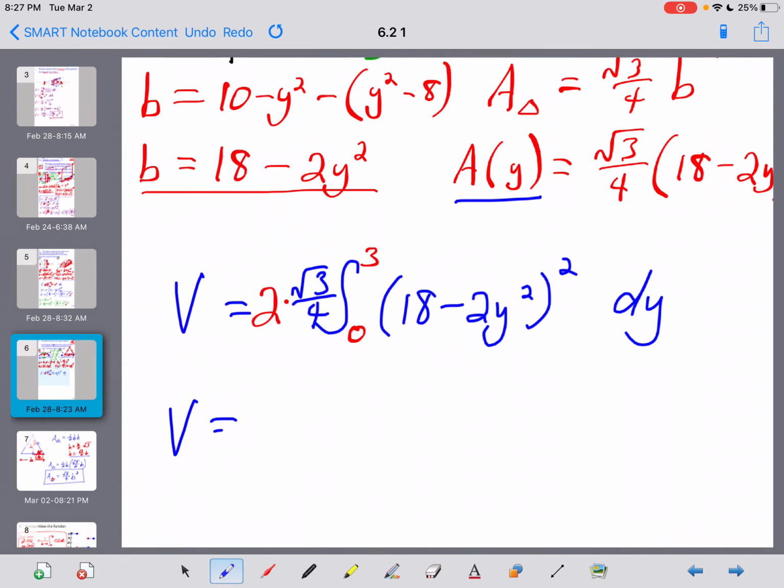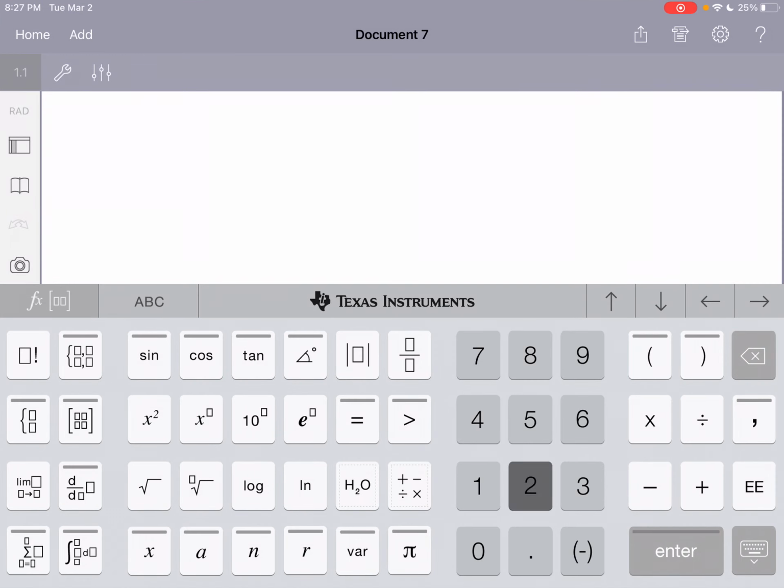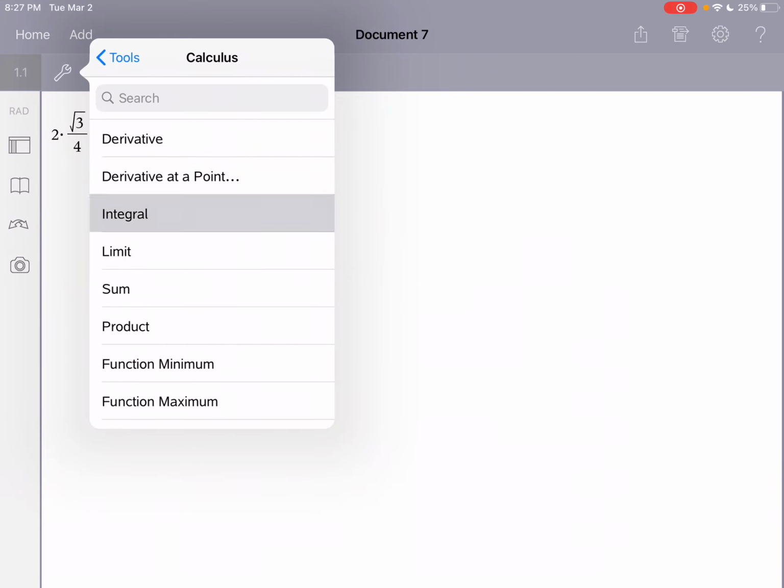Let's see what we can do. I think I have my app fired up here. Let's not forget the 2 times root 3 over 4 before we do anything else. So 2 multiplied by a fraction, and that fraction is going to be the square root of 3 over 4. Got it. And then we're going to multiply all that by, you guys are going to hit menu, and it's 43 for you guys, I believe.